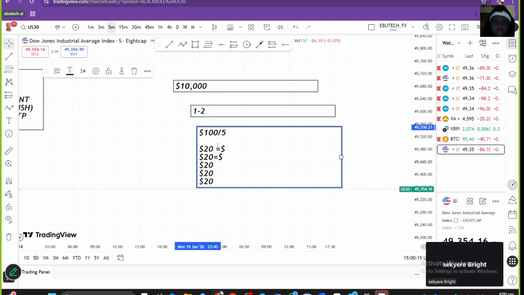So if we are risking $20 per trade and the trade goes well, how much are we going to gain? This is business. When you are a trader, you think like a business person. Understood?